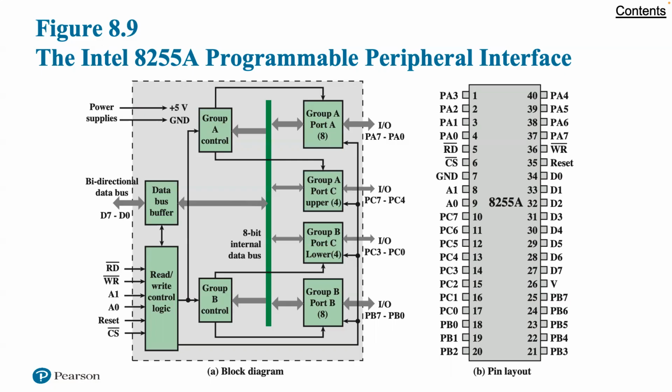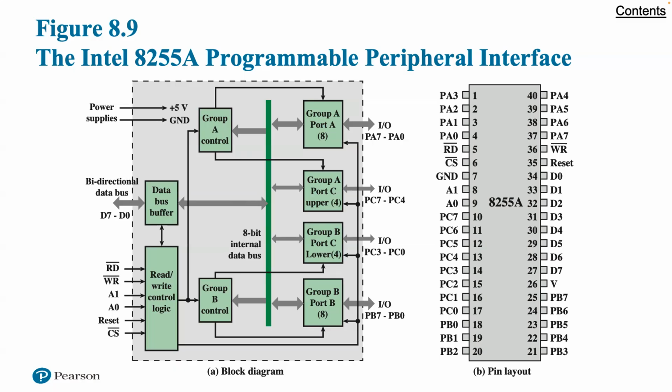Figure 8.9 shows a general block diagram plus the pin assignment for the 40-pin package in which it is housed. The right side of the block diagram of figure 8.9a is the external interface of the 8255A. The 24 I/O lines are divided into three 8-bit groups, A, B, and C. Each group can function as an 8-bit I/O port, thus providing connections for 3 peripheral devices.